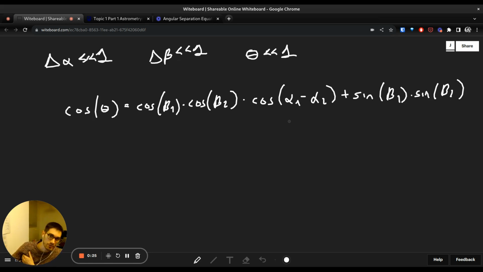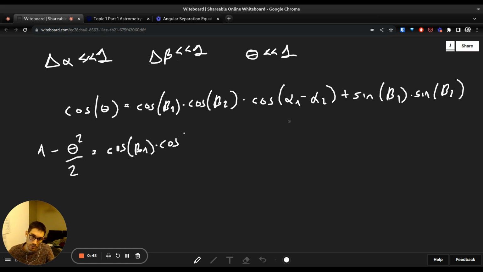Basically, when you're looking at stars, the difference between the right ascension and the declination will be very small, and the angular separation itself will be very small. So with that, we can use Taylor expansion to express everything in this way.